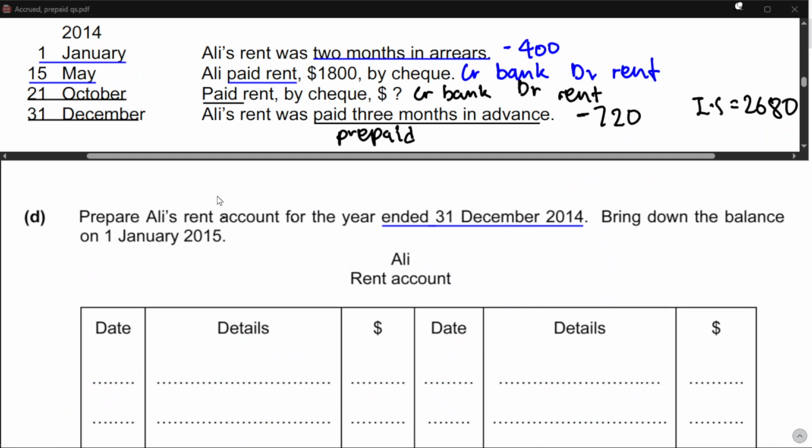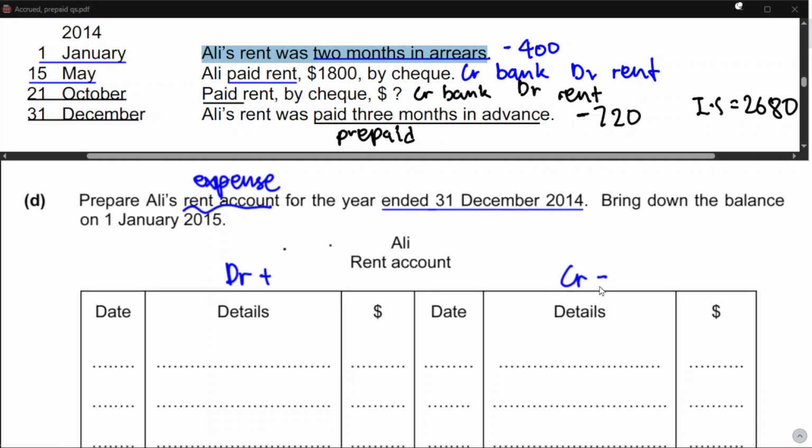So this one, the first line is A. Okay, before that, let's say this one rent is expense. So debit plus, credit minus. Minus 400, minus 400. So it's at this day, first day is balance BD.